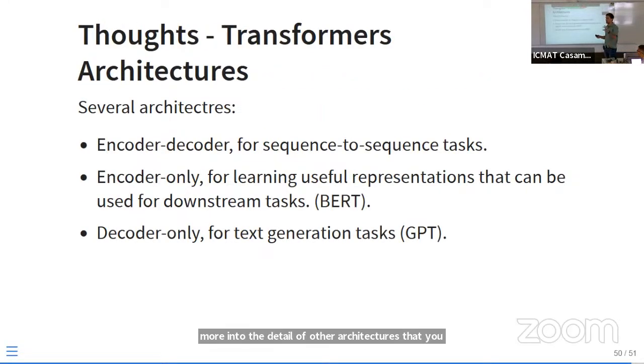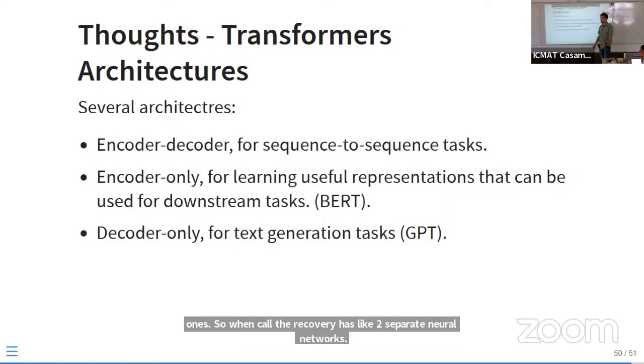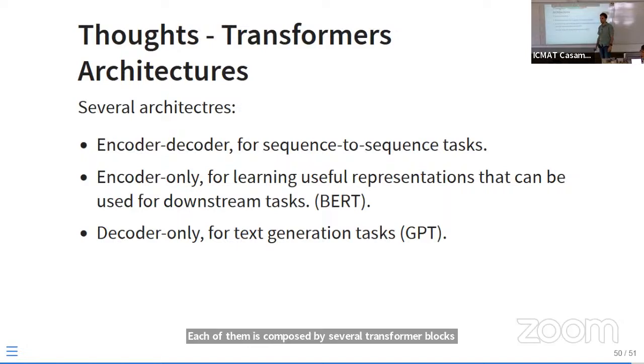The transformer block is the building block of each of these. The encoder and the decoder are each composed of several transformer blocks, and those interact to encode the data. What I've described, the transformer block as in the decoder presented in Attention Is All You Need, is present both in the encoder and the decoder.